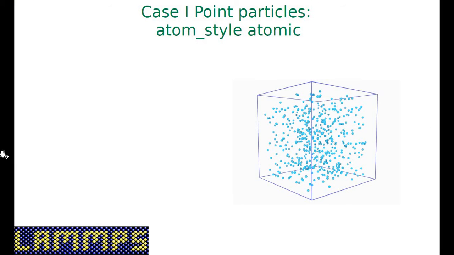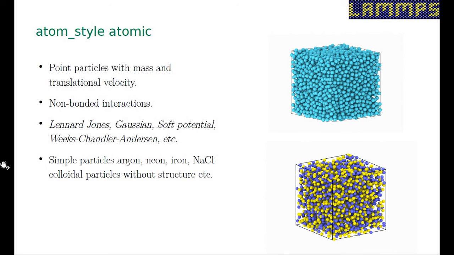Okay, case number 1. Point particles. The first atom style we discuss is atomic. The atom style atomic is used for point particles with mass and translation velocity.